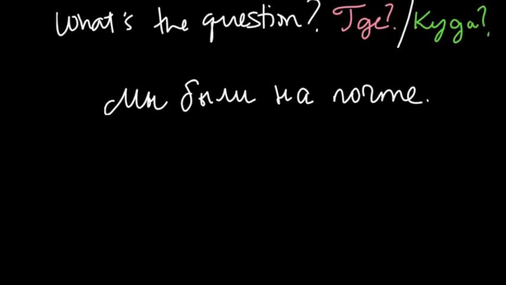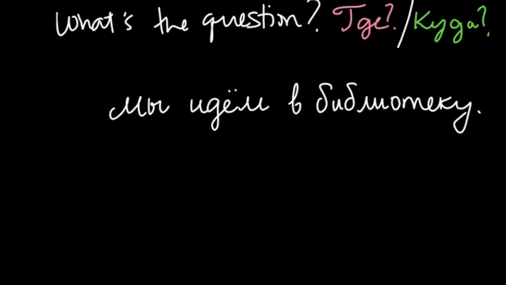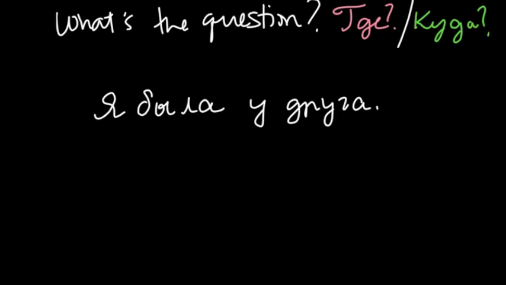So which question do we need here? Где or куда? Мы были на почте. Где? Мы были на почте. How about in this instance? Где or куда? Мы идем в библиотеку. Куда? Мы идем в библиотеку. What's the question? Где or куда?